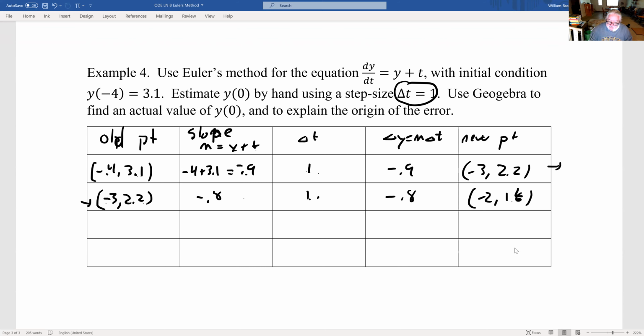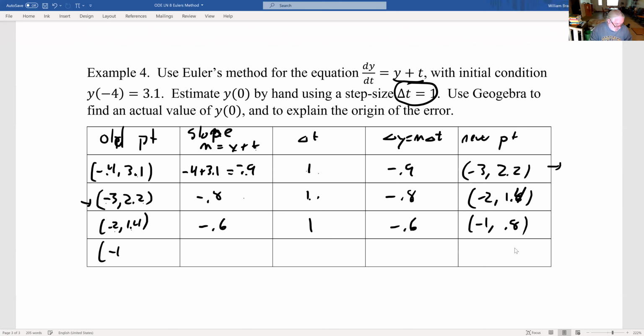Actually 1.4. So our new point is minus 2, 1.4. What's our slope? Minus 2 plus 1.4, because that's our right-hand side, y plus t, is minus 0.6. Delta t is 1, so minus 0.6 is delta y. And so we update that, we get minus 1, and then minus 1.4 plus 0.6 gives me 0.8.